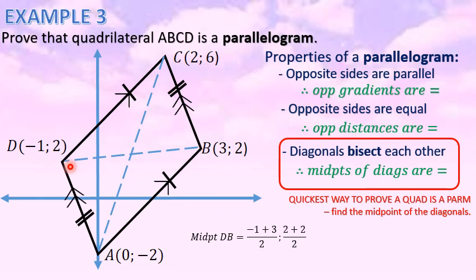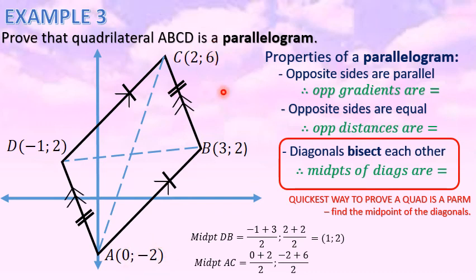So let's find the midpoint of DB. I took the average of the x values, so minus 1 plus 3 divided by 2, and then the average of the y values, 2 plus 2 divided by 2, gives me the coordinate (1; 2). Then I find the midpoint of the line segment AC. The average of the x values is 0 plus 2 divided by 2.